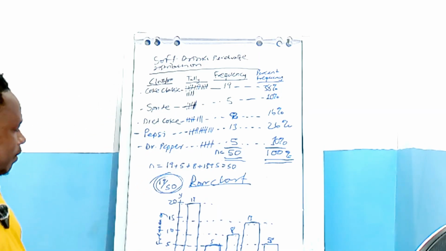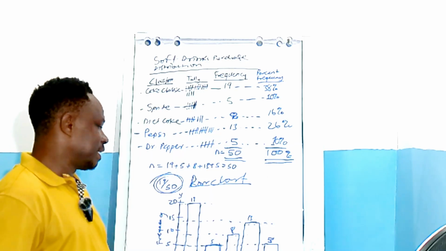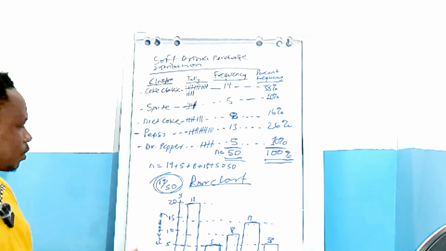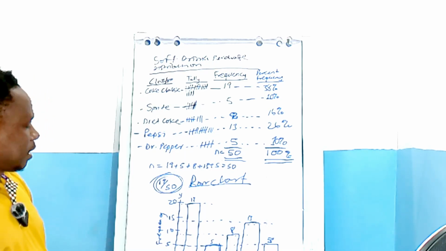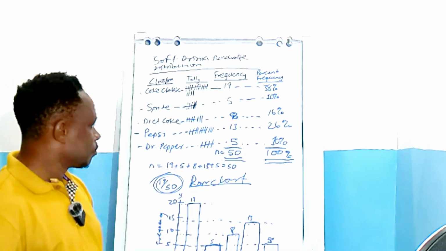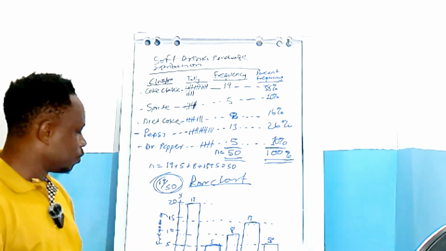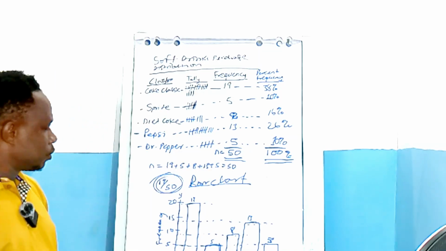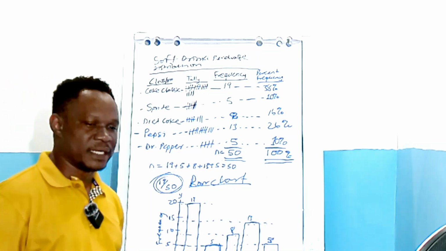With this summary, you either look at the table or the bar chart. You can see that the soft drink that was purchased most was Coke Classic, followed by Pepsi, and the least were Sprite and Dr. Pepper.